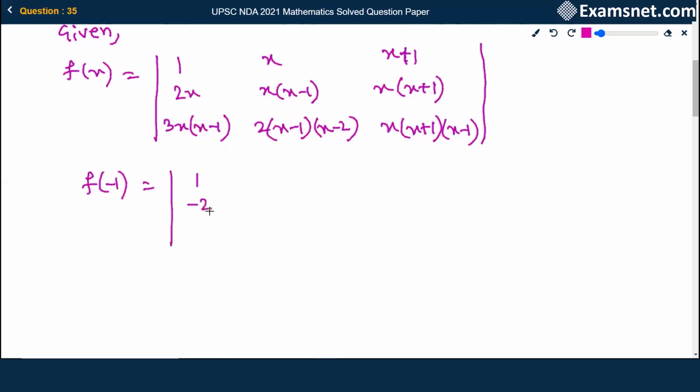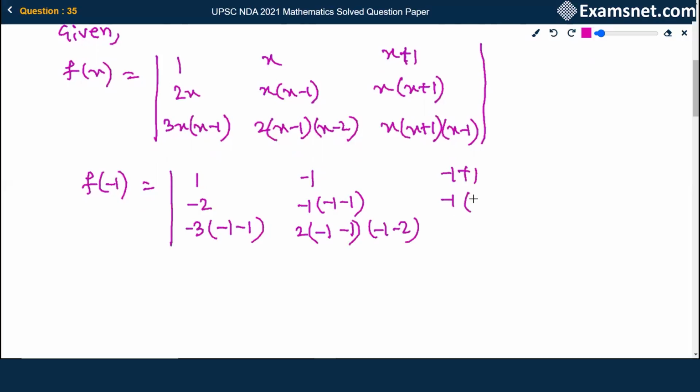So 1, -2, and -3, -1, -1, -1, -1, 2, -1, -2, -1 plus 0, and so it will give us the value.